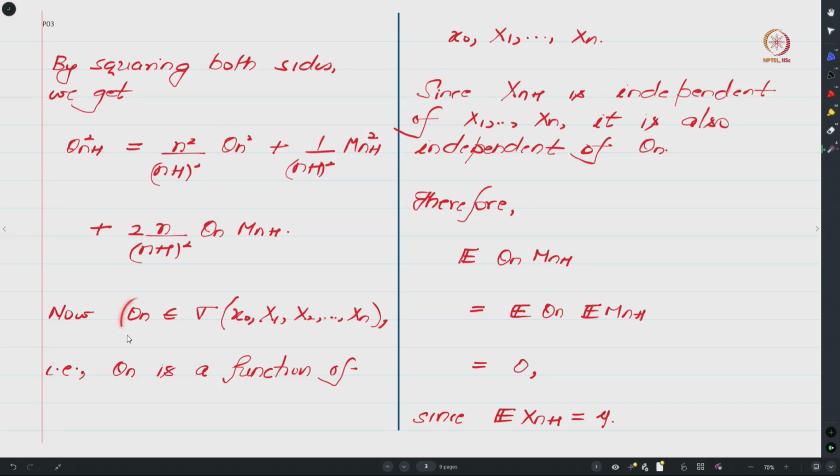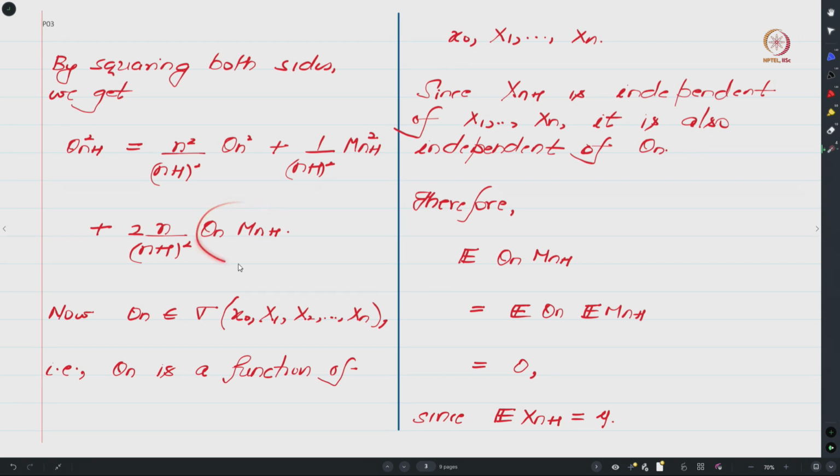More formally one can show that theta n is measurable with respect to the sigma field generated by these quantities, and we have presumed that capital Xn plus 1 is independent of capital X1 to capital Xn. This is because we have presumed that we have access to an independent sequence of random variables, and since theta n is a function of these quantities, one can immediately conclude that capital Xn plus 1 is also independent of theta n.